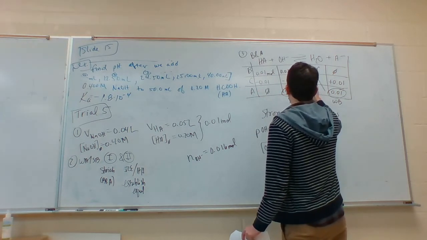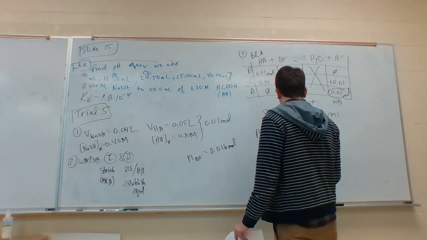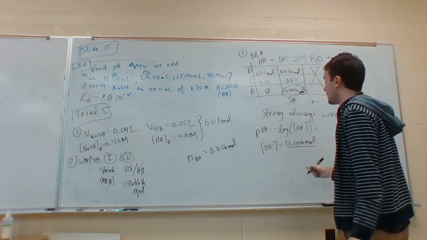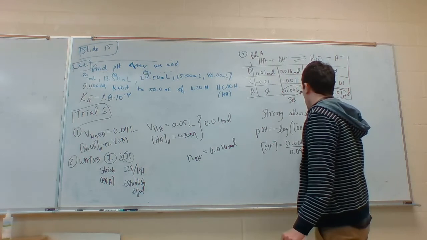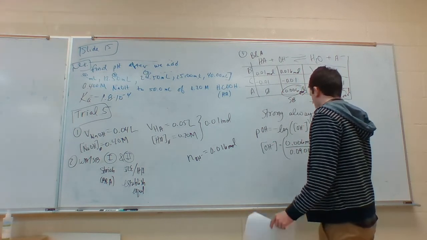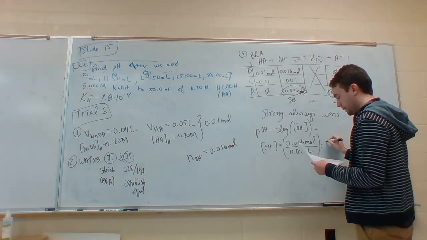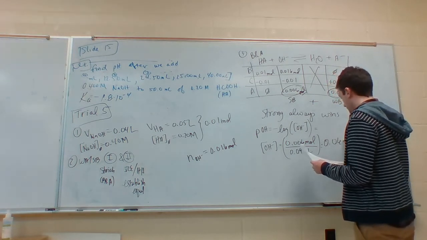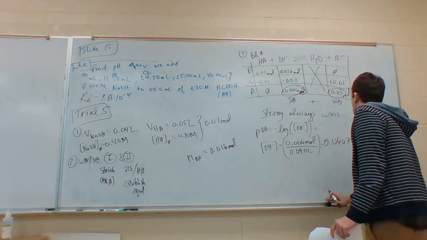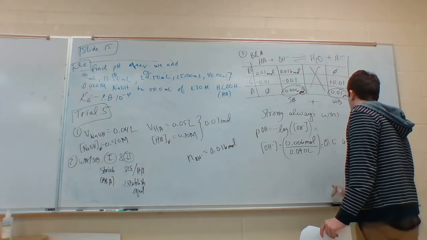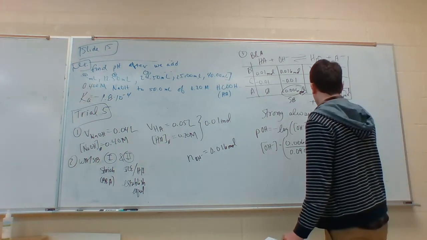And again, that's why you should always write the units for these particular tables to keep yourself straight. So that's moles. And our total volume in this case is 0.090 liters, which gives us a concentration of 0.0667 molarity.